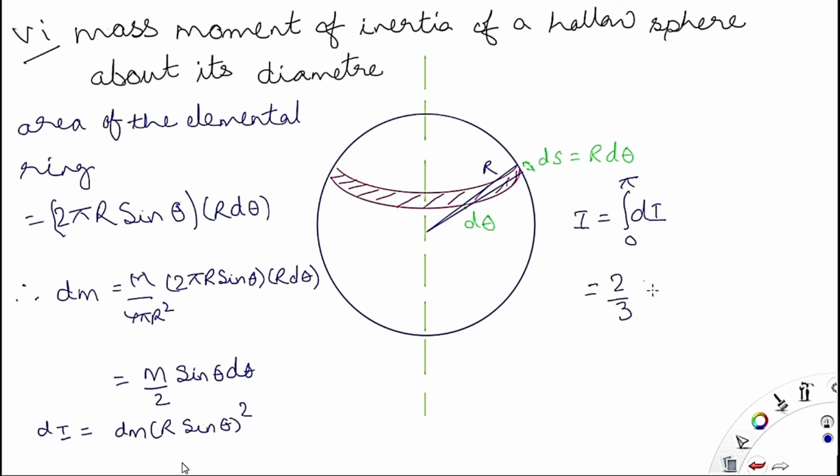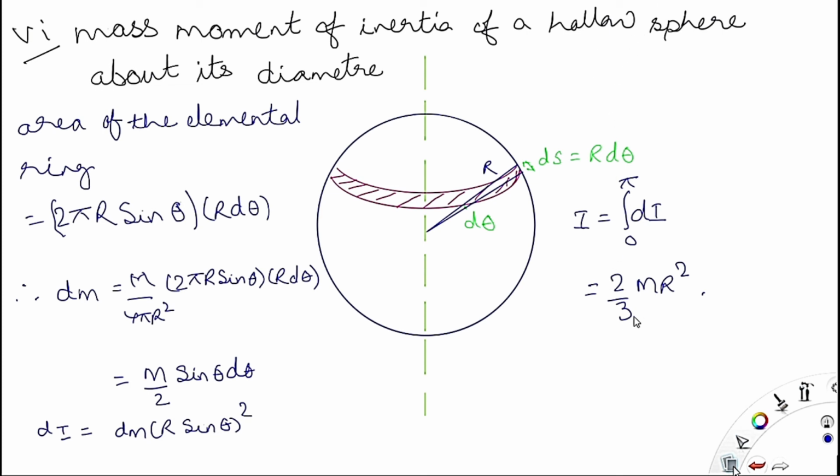So for a hollow sphere, mass moment of inertia is 2 by 3 MR square. For a solid sphere it will be 2 by 5 MR square. The axis of rotation is the same, but if a solid sphere is taken, then 2 by 5 into MR square, and if a hollow sphere is given, then 2 by 3 of MR square.